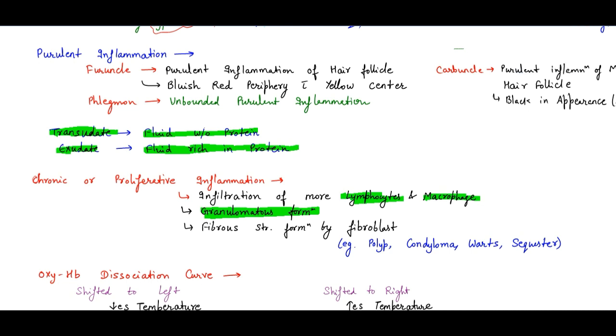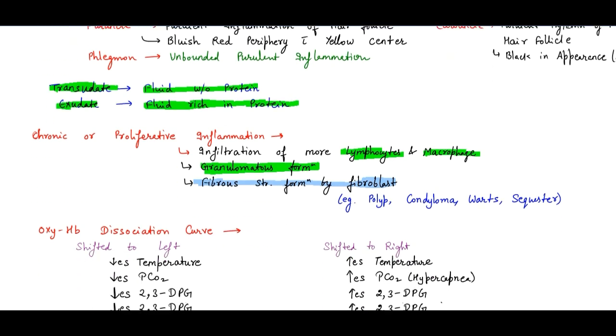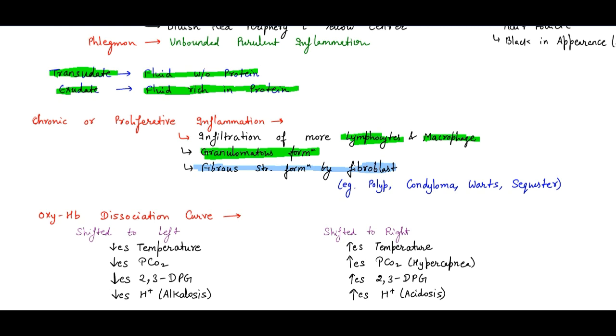Fibrous structure formation by fibroblasts is also seen in chronic or proliferative inflammation. What are the examples? Polyp, condyloma, warts, and sequestrum.